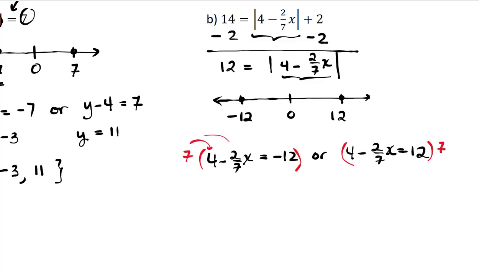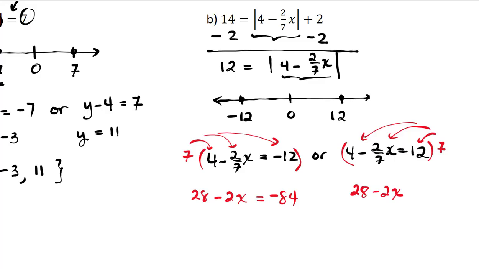Distributing the 7 through, I get 28 minus now 7 divides out, so we get 2x, and then 7 times -12 is -84. For the second equation, do the same. Distribute the 7 through, so we get 28 minus 2x.